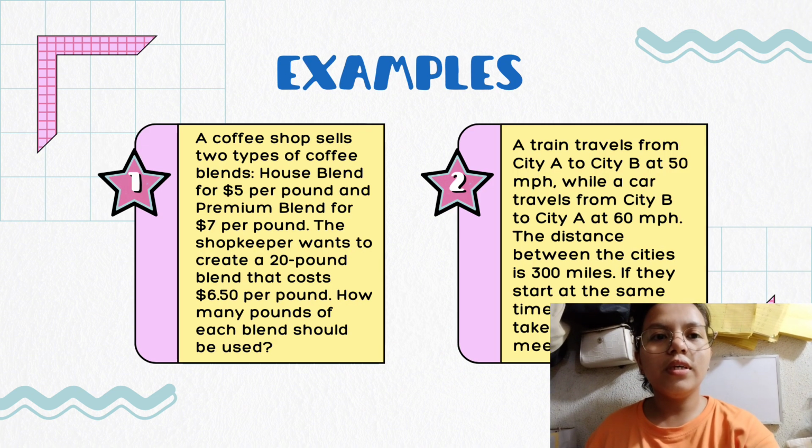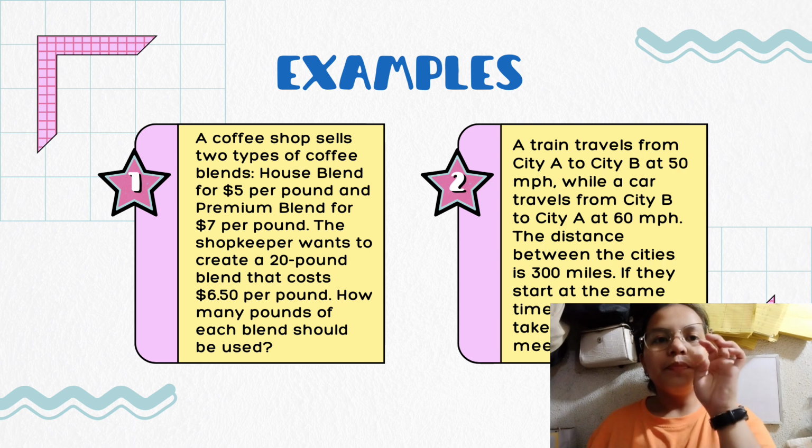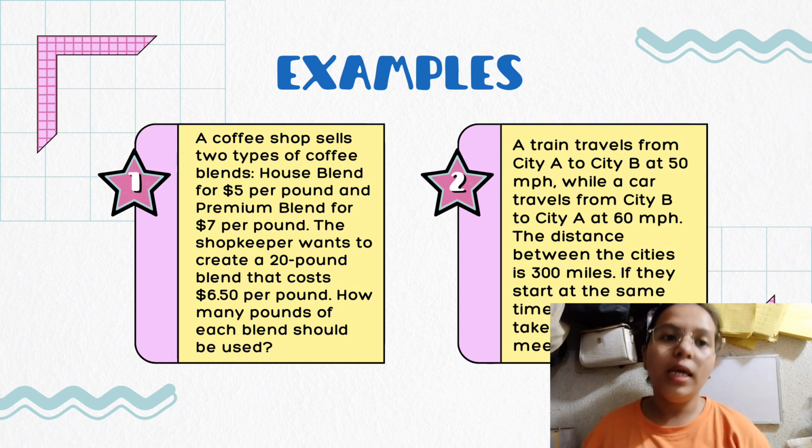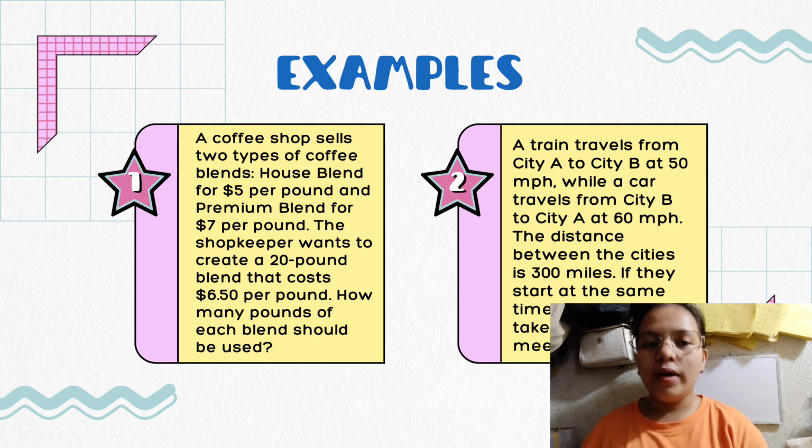Our first example: a coffee shop sells two types of coffee blends, house blend for $5 per pound and premium blend for $7 per pound. The shopkeeper wants to create a 20-pound blend that costs only $6.50 per pound.